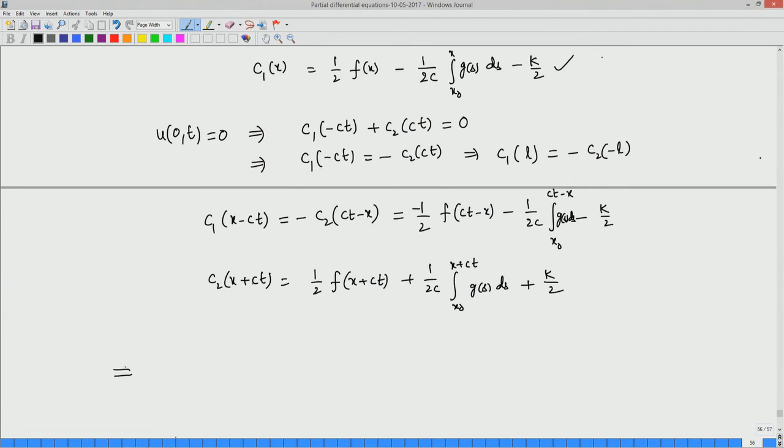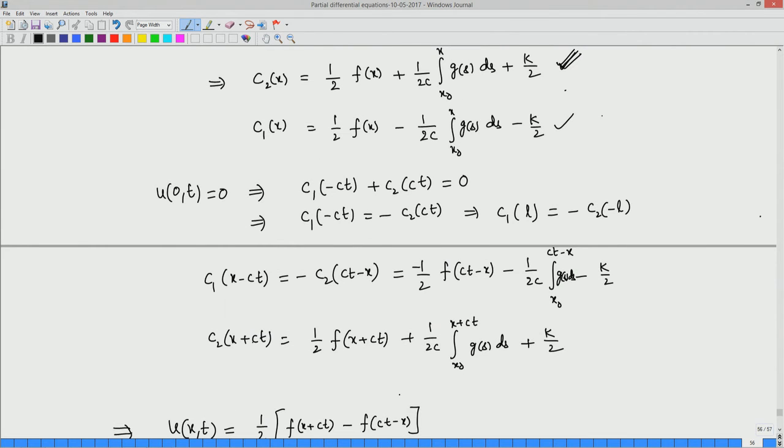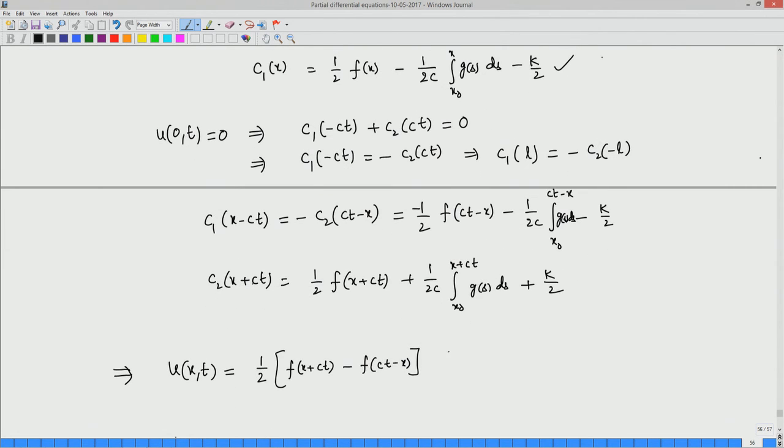So, this implies what is my u of x, t? u of x, t is this one plus this one. So, that will give you half of f of x plus Ct minus f of Ct minus x, and plus 1 by 2c, this plus this.